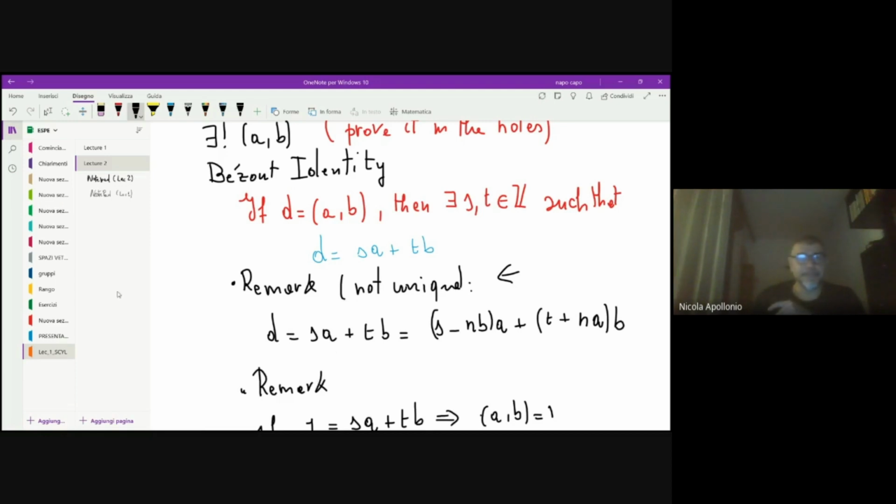If SA plus TB is any such combination, you just check the easy computation.